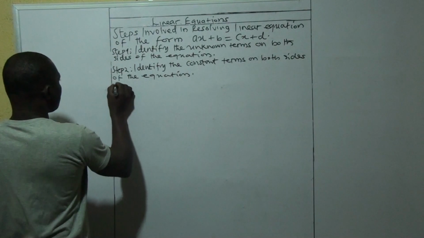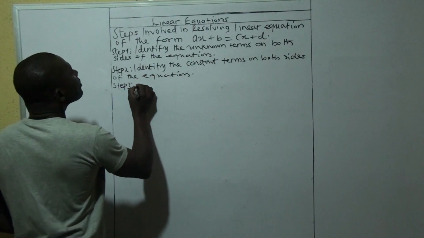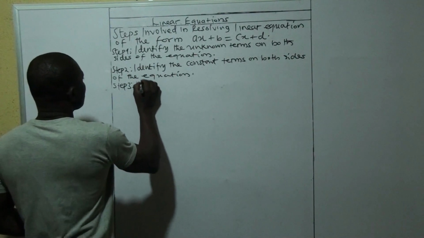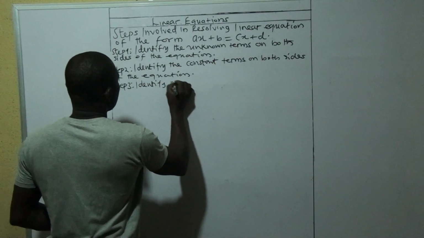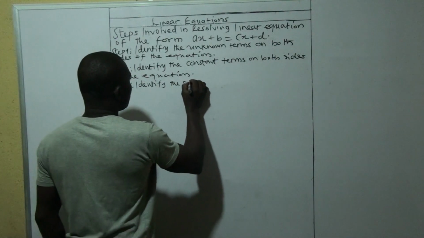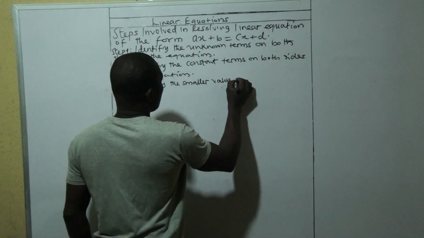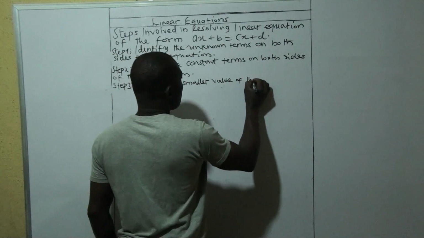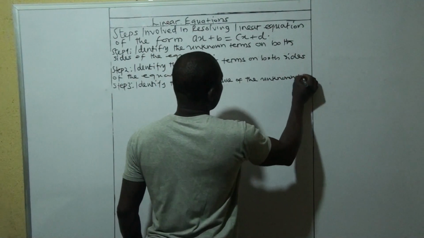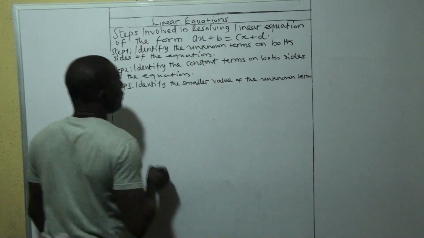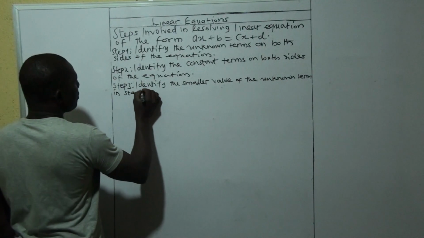Then step 3: identify the smaller value of the unknown term in step 1.